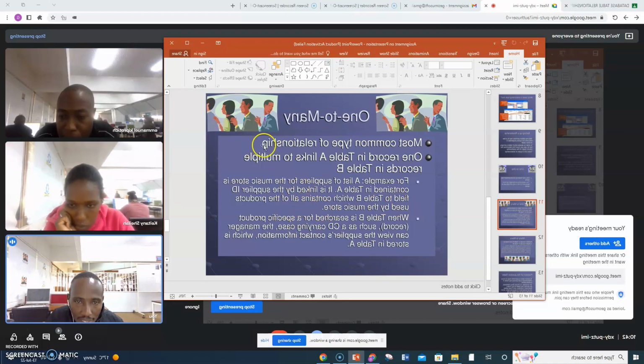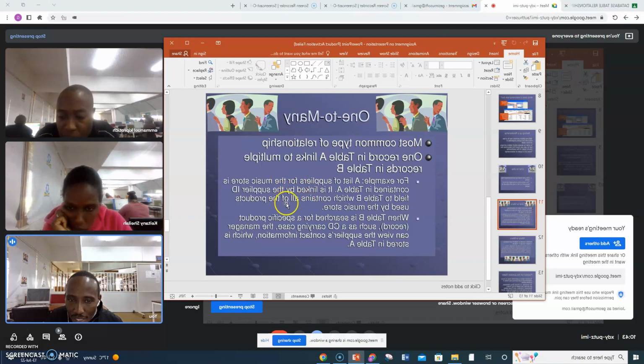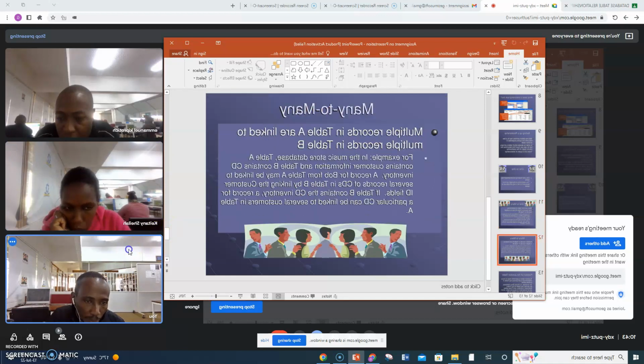So you can see one field from suppliers is linked to several fields in the other table, table B. So one field from table A relating to several fields in table B, that one you call one to many.